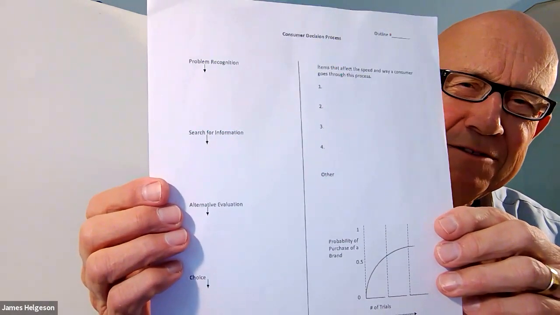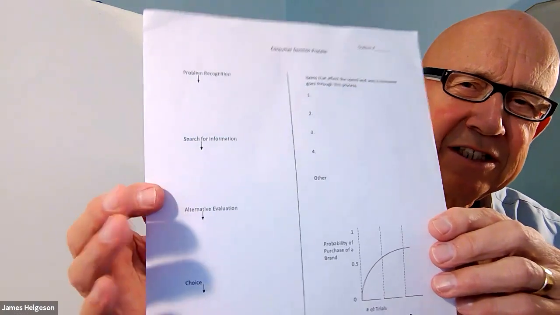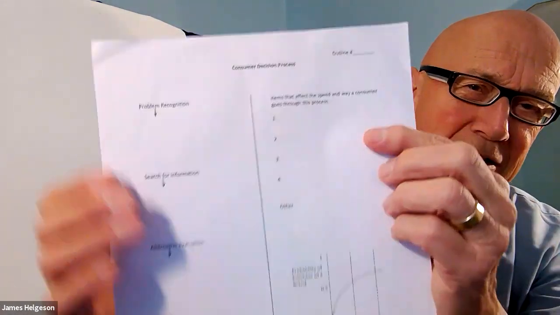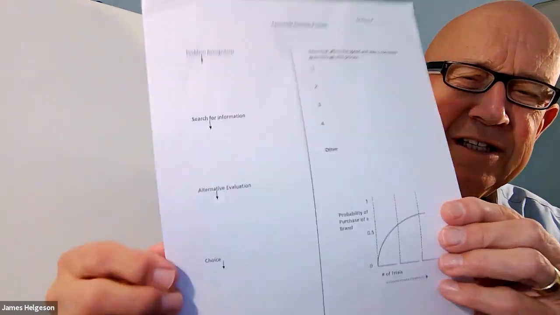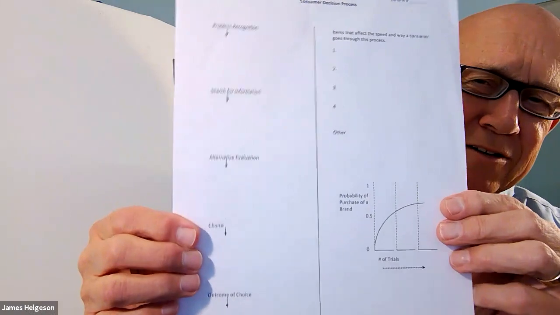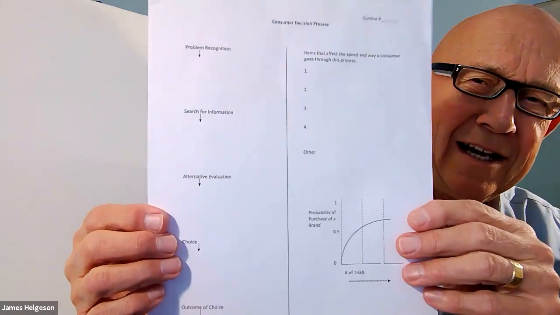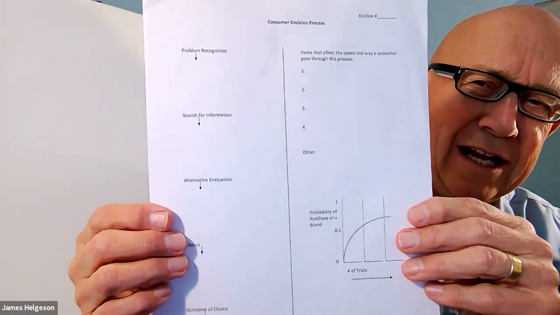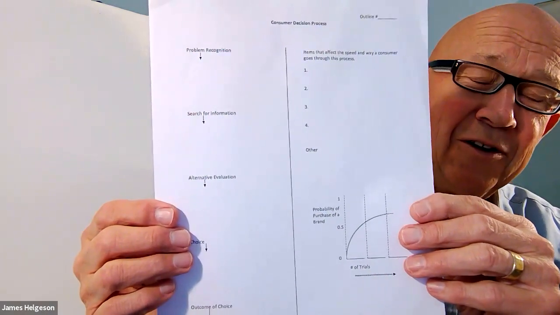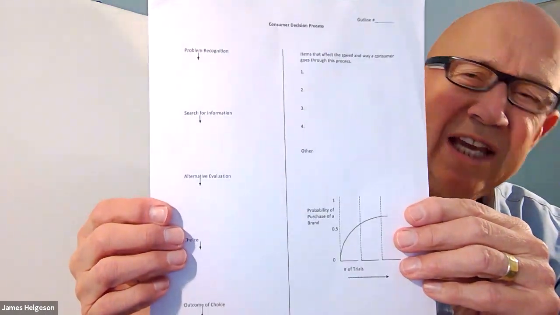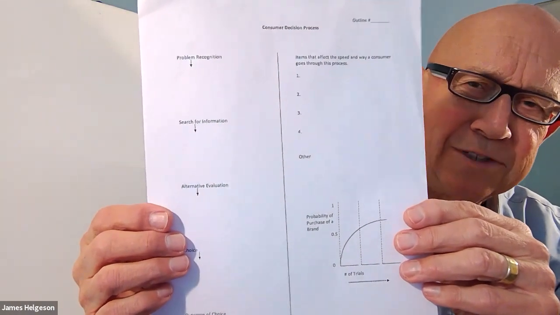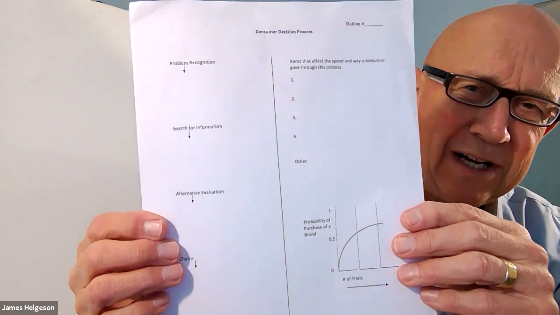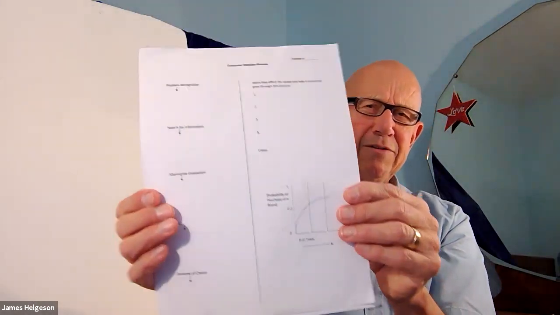Those things impact the speed folks go through this process, the way they go through it; they might skip steps. And then we looked at this decision-making model, kind of a learning model down here. Extensive problem solving at one end, limited response in the middle, and routine response at the other end. The main ones to think about are extensive problem solving and routine response. And so we did that. That was the first outline.